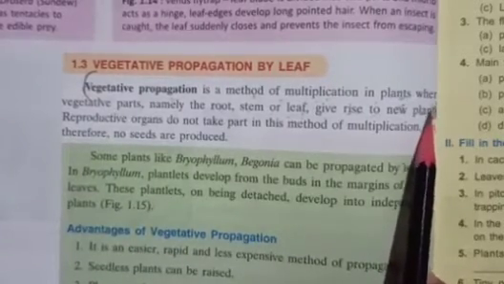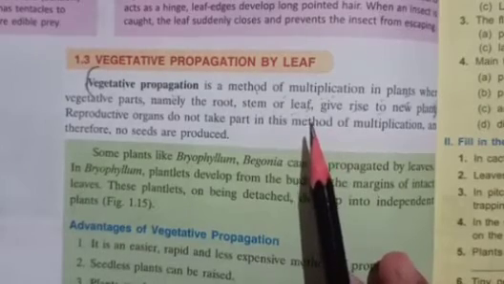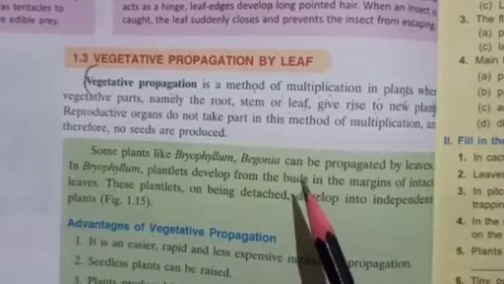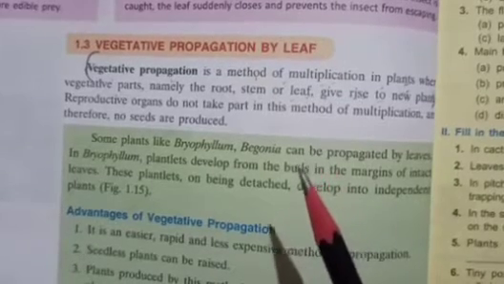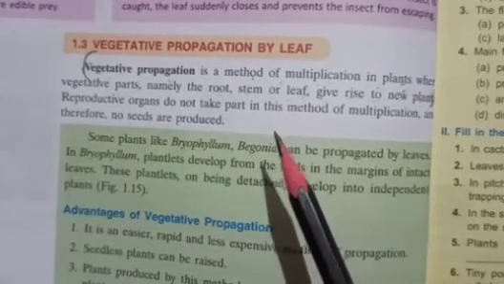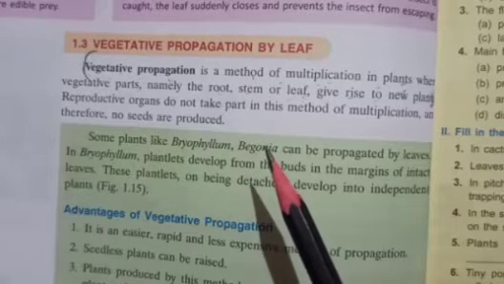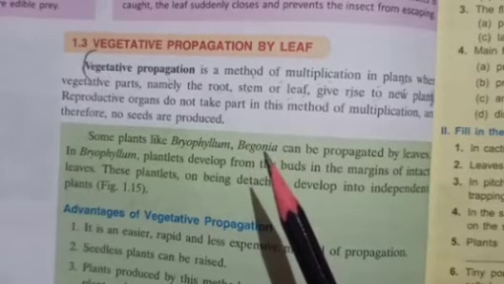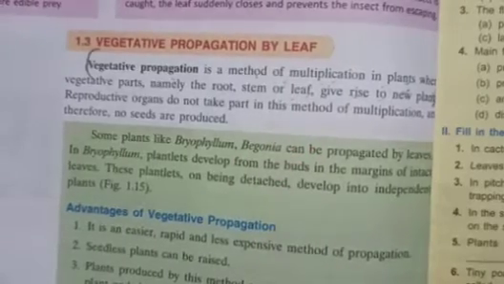Okay, and this vegetative propagation can be seen in many plants, like in bryophyllum, like in begonia, like in potato, like in stem cutting in roses, etc. Okay, so this is all about vegetative propagation.